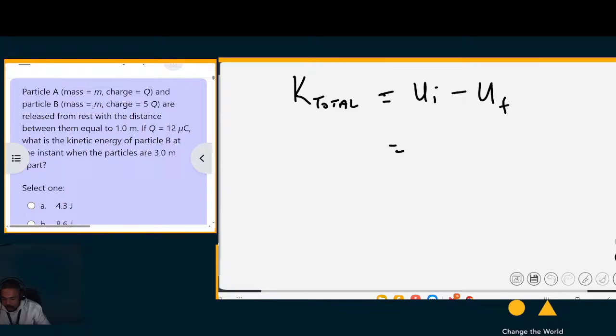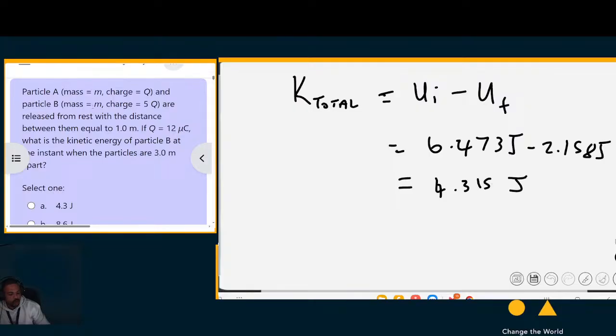But we've already established that this initial potential energy is 6.473 joules, minus the final potential energy, 2.158 joules, and that gives us an answer of 4.315 joules.